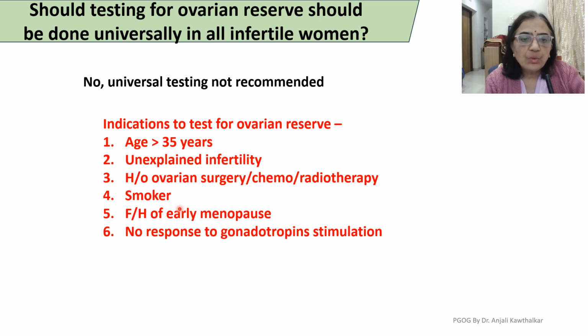If the woman is a smoker, or there is a family history of early menopause, then we can test for ovarian reserve even in a woman less than 35 years. And if there is no response to gonadotrophin stimulation for induction of ovulation, then we can go for it. So these are the specific indications, and universal testing is not indicated. Usually we test ovarian reserve with anti-Mullerian hormone, antral follicular count, or FSH.